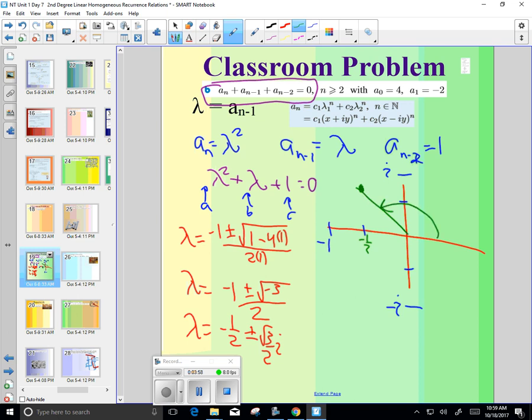This angle you're going to recognize, and you look at the point, negative 1/2, square root of 3 over 2. Do you recognize that arc length? 2 pi over 3. Yep. And then the other one is just down here, negative 1/2, negative square root of 3 over 2. And of course, there's an i on here, makes it in the complex plane, but it's still negative 2 pi over 3.